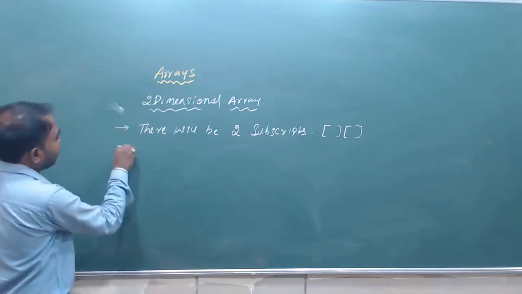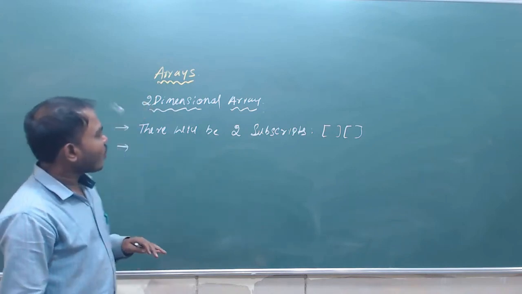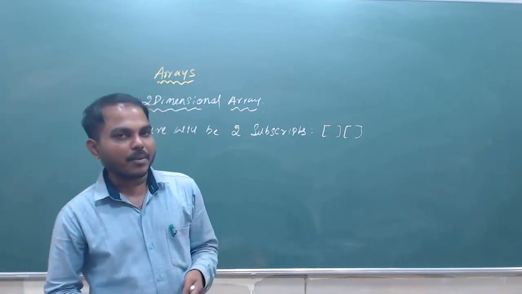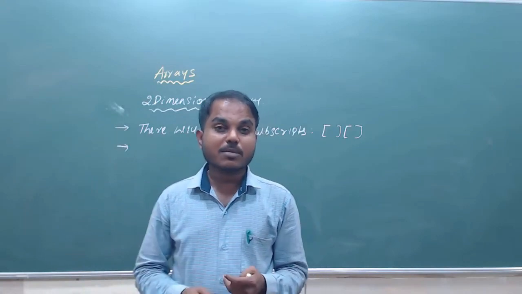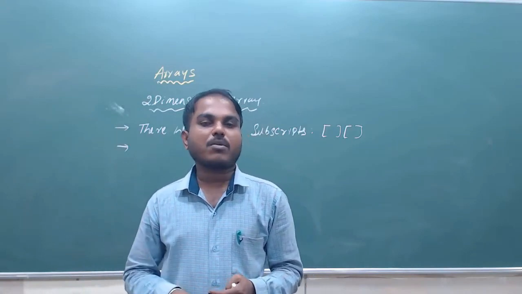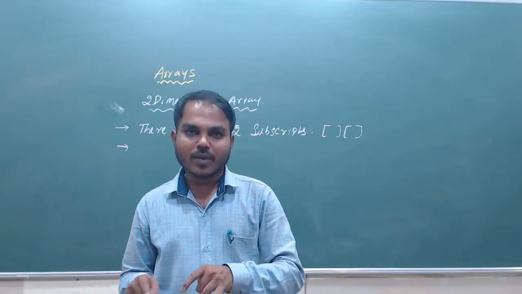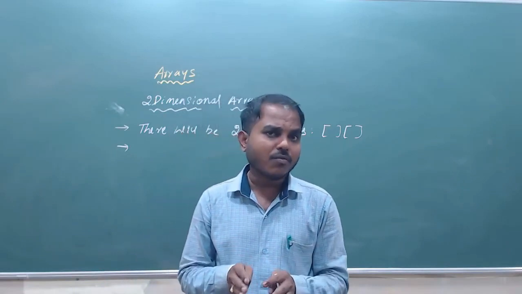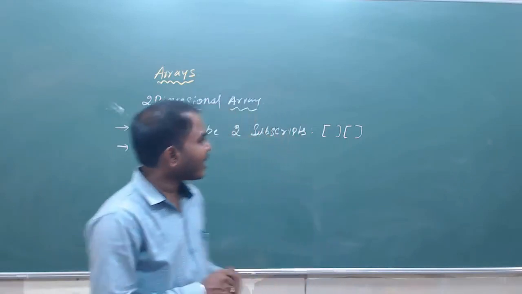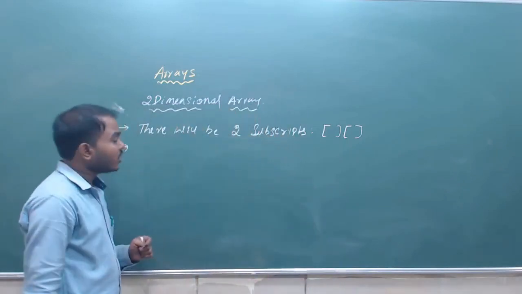Next, why are we going to use a two-dimensional array here? To display the elements in the form of rows and columns. Whenever you want to display the elements in a tabular form, then we use a two-dimensional array.